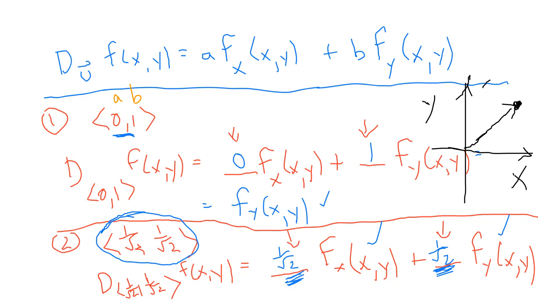Halfway. Good. So that's why it makes sense that, for the rate of change in the direction of 1 over root 2, 1 over root 2, both partial derivatives should have equal influence.